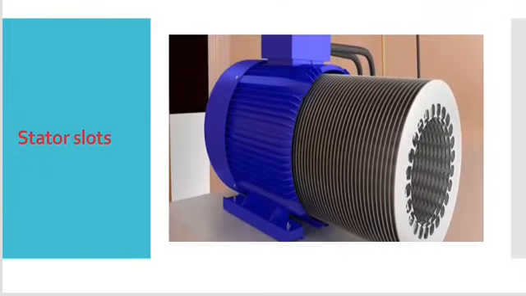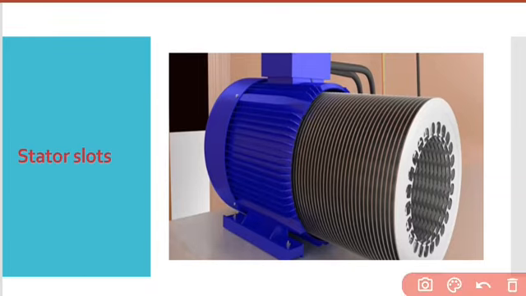So it is called stacking. When you can see the picture, this part you can consider as a stacking. Different plate-type construction will be there, and then it will be joined together, and the stator is made of different stacking to reduce the eddy current losses.